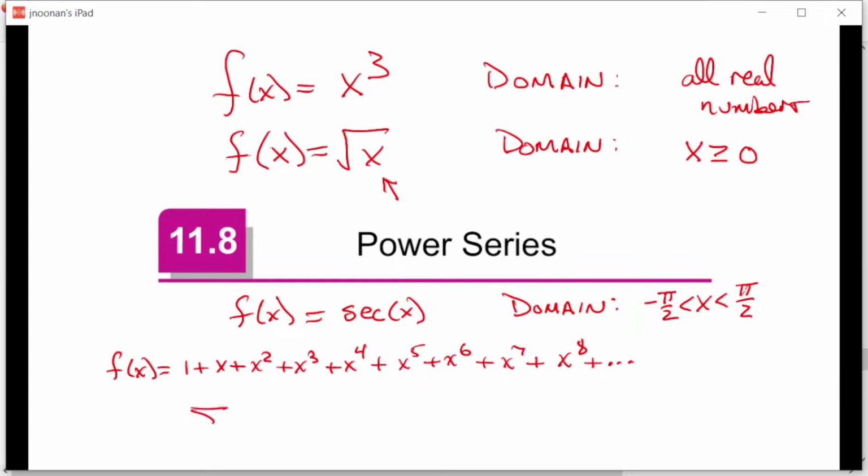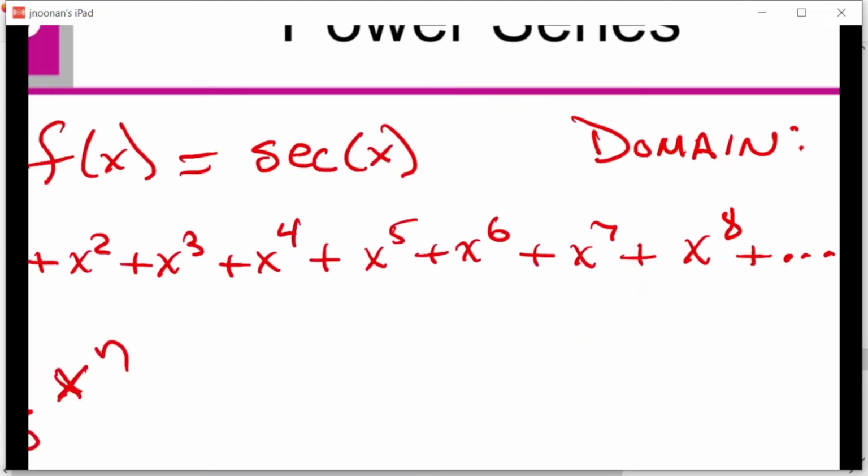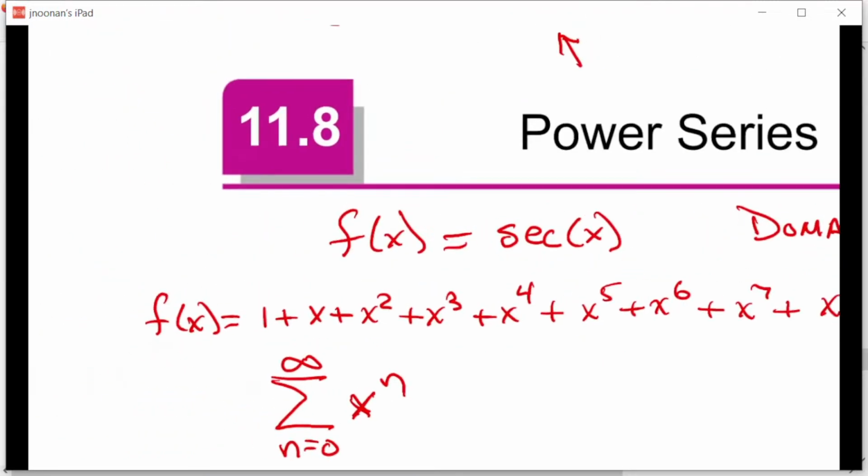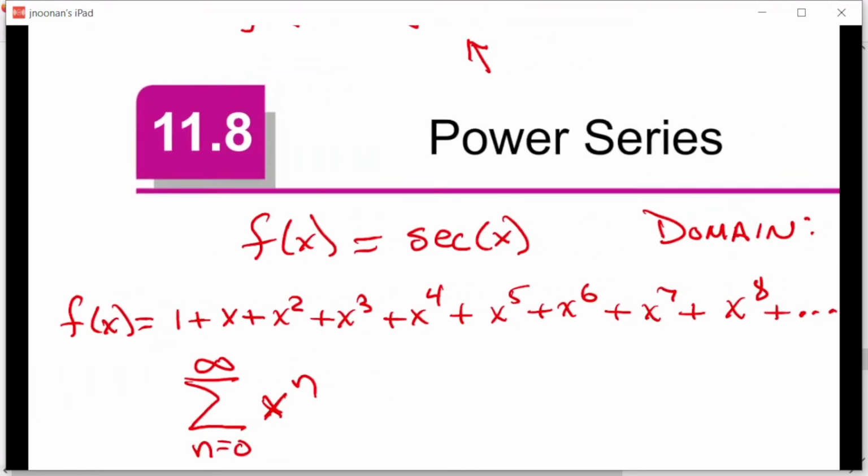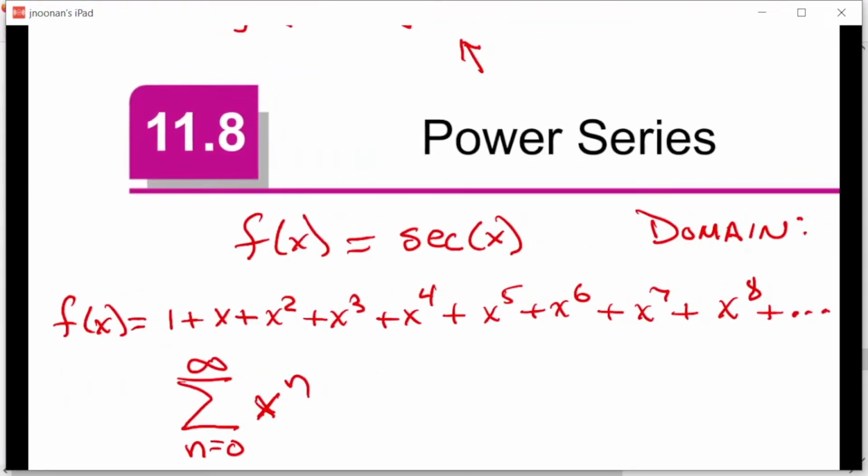But what I'm talking about here is this: a brand new idea, taking a series and turning it into a function. That's what power series are all about. This is like a little preview of this particular series, which is going to be one of the most important series we're going to be dealing with. So let's just get it out of the way right now.